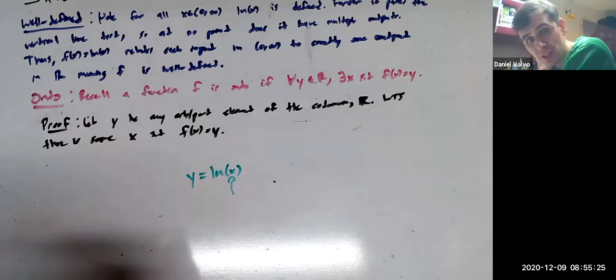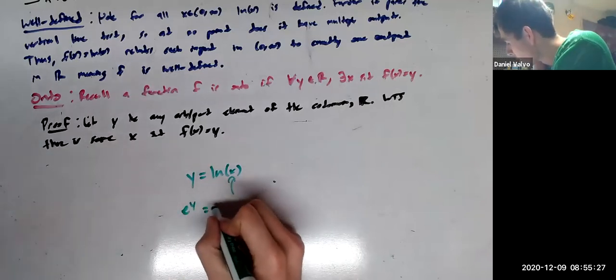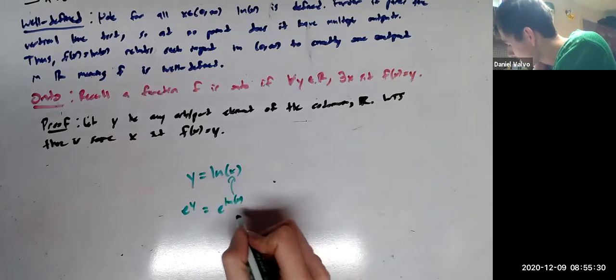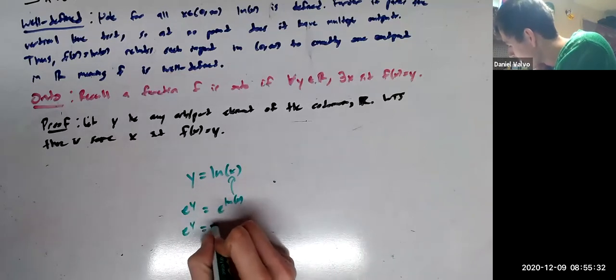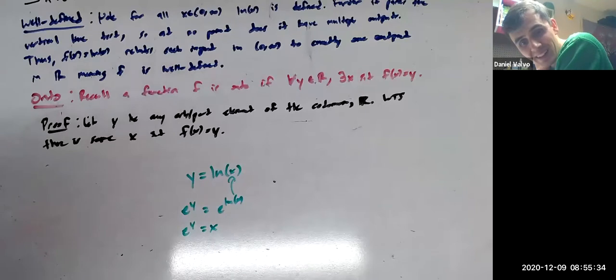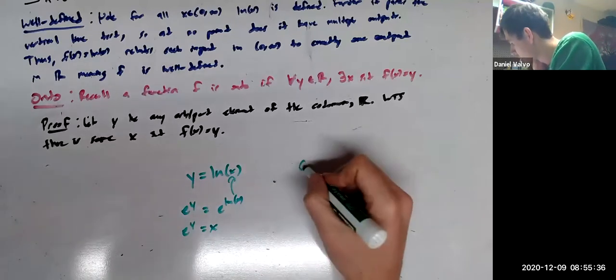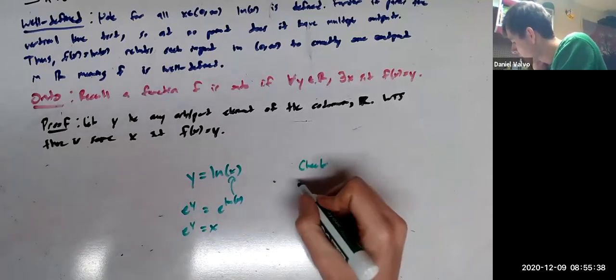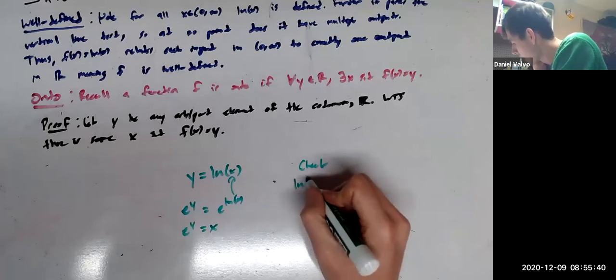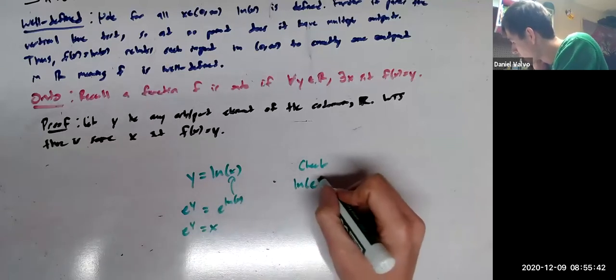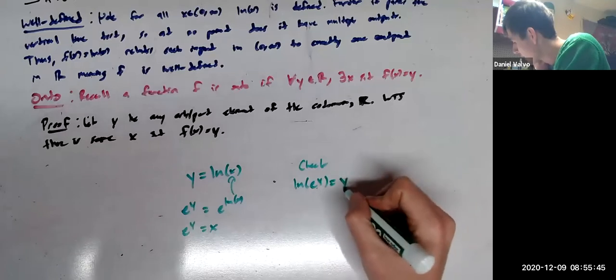We can solve for x by exponentiating both sides, e to the y, and we get that e to the y must equal x. And we can check this. We can check, and we see that ln of x equals ln of e to the y, which does in fact equal y.